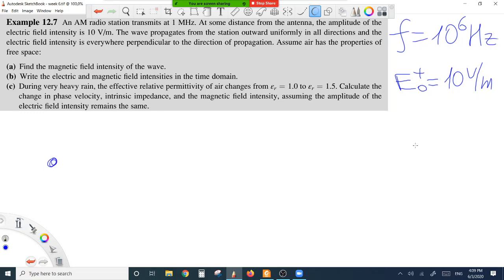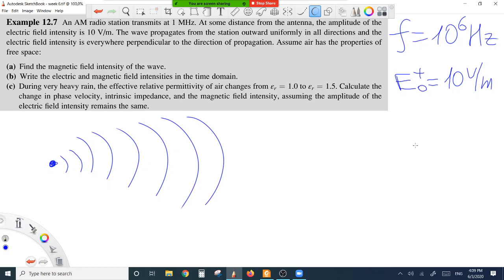So here we have a source and we have the transmission of radio wave. At some very large distances, this spherical surface can be seen as a plane, and therefore transmission may be approximated as a plane wave. Okay, we may approximate it as a plane wave.